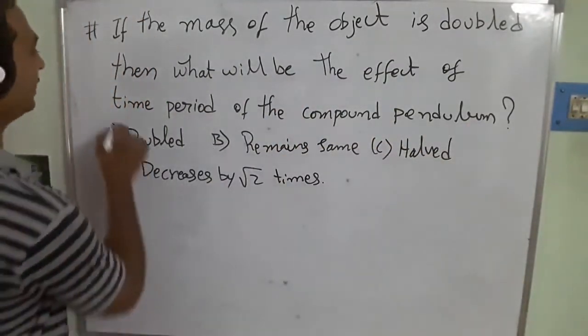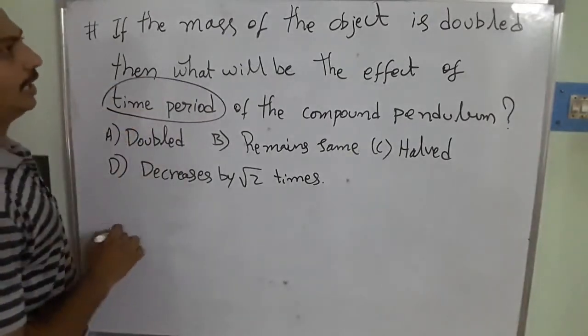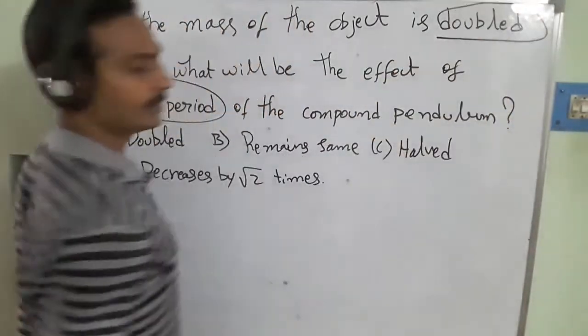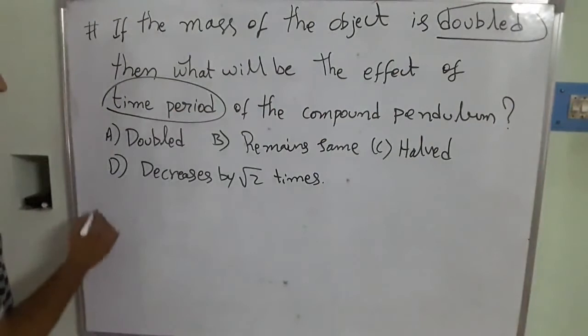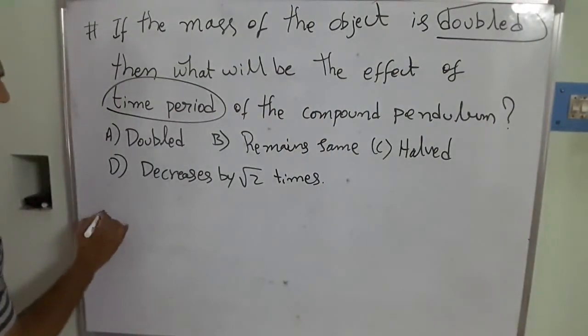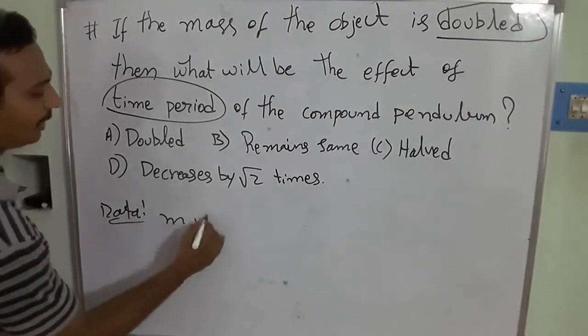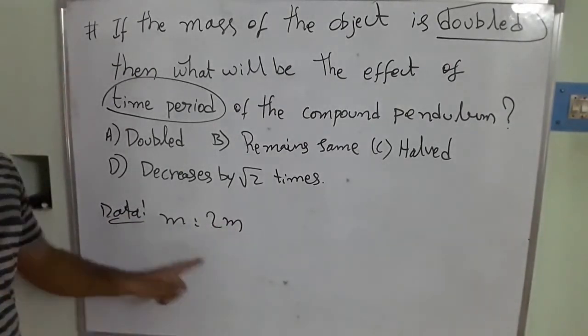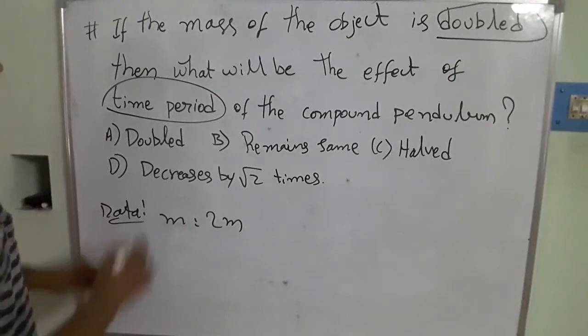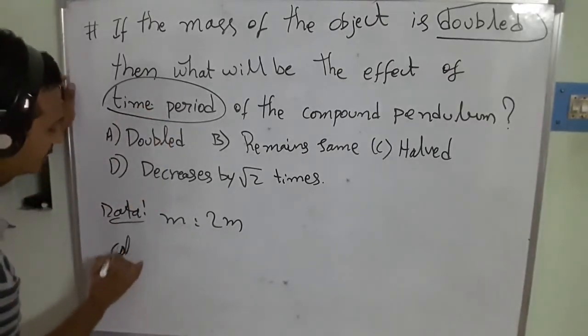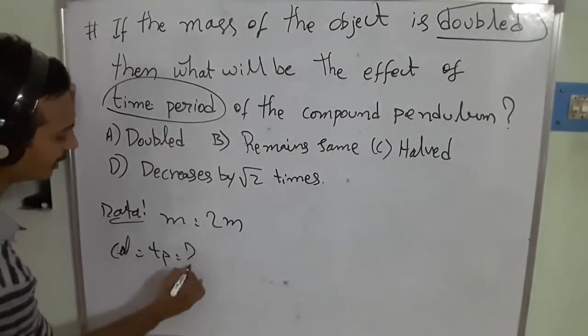He is asking about the time period. So the mass is going to be doubled, 2 times. Then we need to calculate the time period.